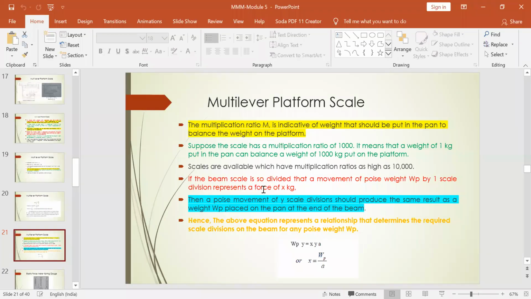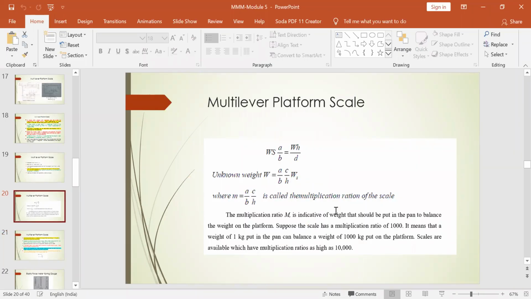It represents a force of 1 kg. The scale we read in the multi-lever platform scale, for every unit, represents 1 kg. Then a poise moment of Y scale divisions should produce the same result as the poise weight applied in the pan. So both should show the same result.